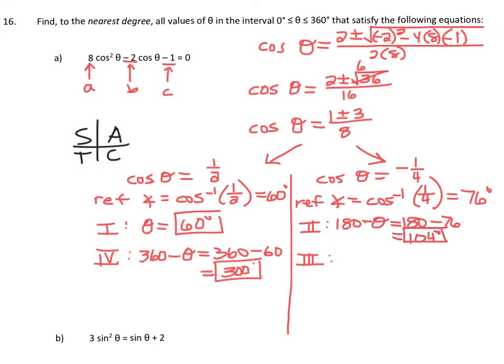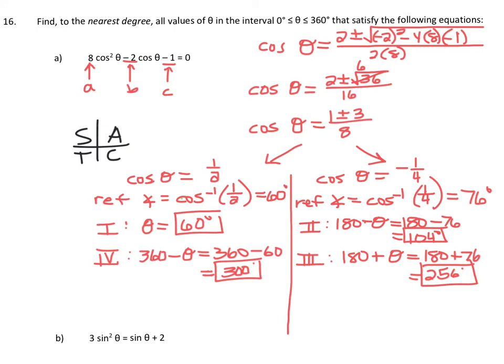So we discussed in class how it's easier to just do, instead of doing theta minus 180 equals 76, it's actually easier just to use this rule, 180 plus the reference angle. Okay, I'm gonna let theta represent the reference angle here. So if you do 180 plus 76, you wind up getting 256 degrees.